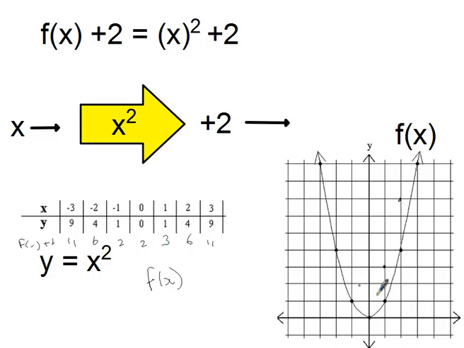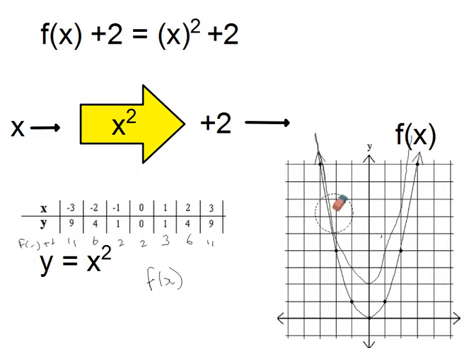If I put in 0, 2 comes out. So you can see that what's happening is this curve has moved up by 2. So if I just show you how that moves, you can see that the curve moves up by 2 because you've added on 2 to all the original y values. So the y values now are all 2 more than they would have been with our original function in x, which is y equals x squared.